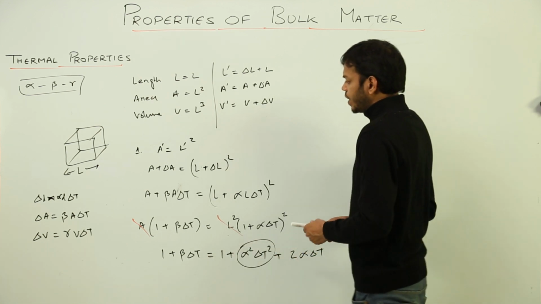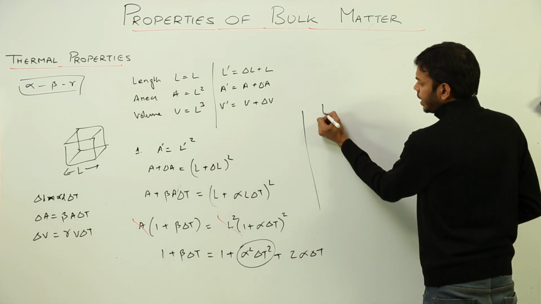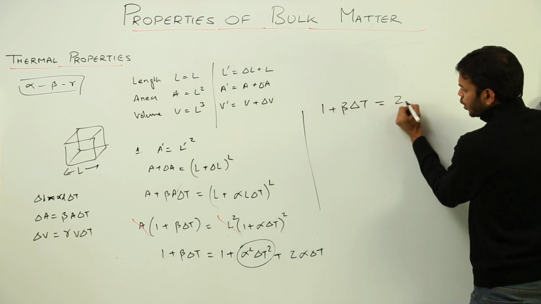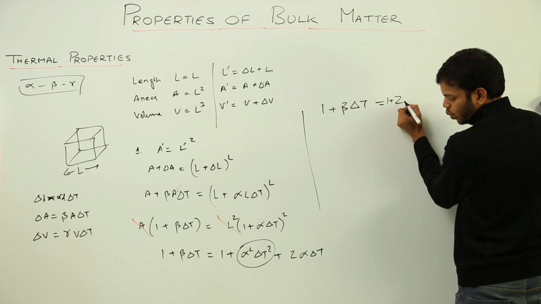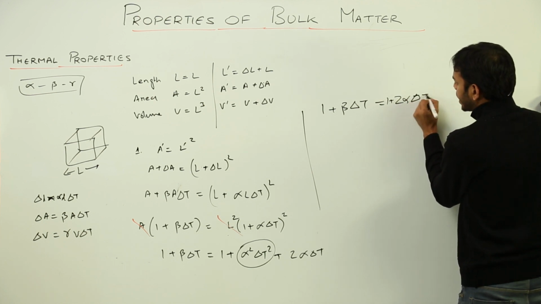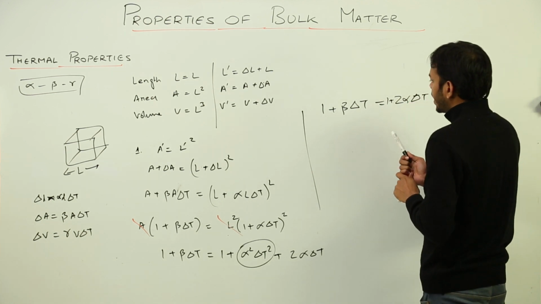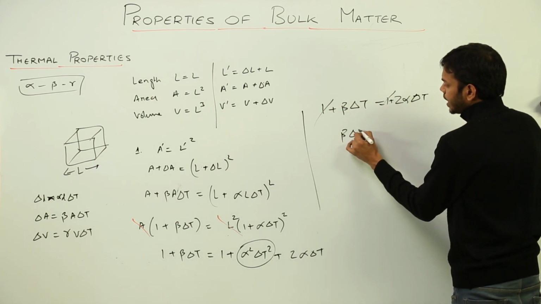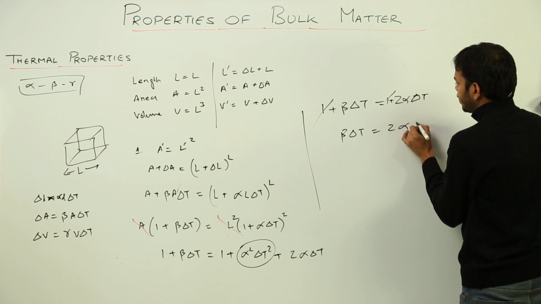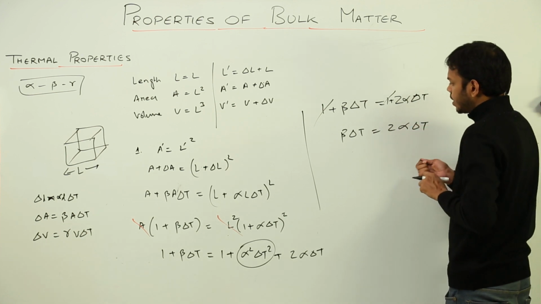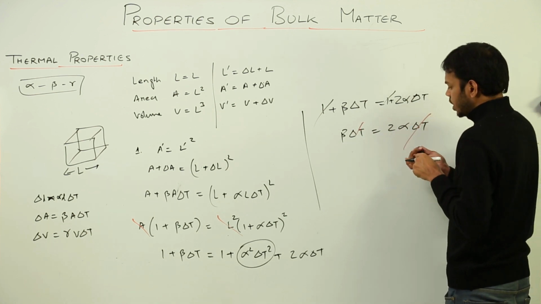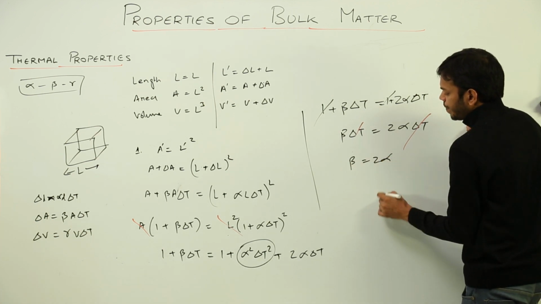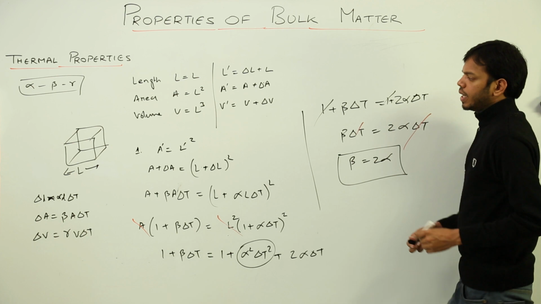So all you are left with is 1 plus beta delta T equal to 1 plus 2 alpha delta T, right? Cancelling out 1 and 1 from both sides, I'll get beta delta T is equal to 2 alpha delta T. Again delta T and delta T are gone, the change in temperature was the same for each. Beta is equal to 2 alpha, that is the relation.